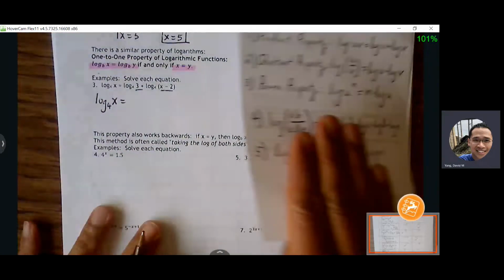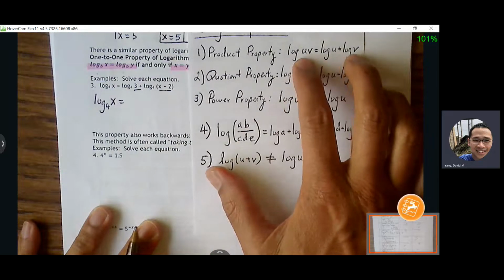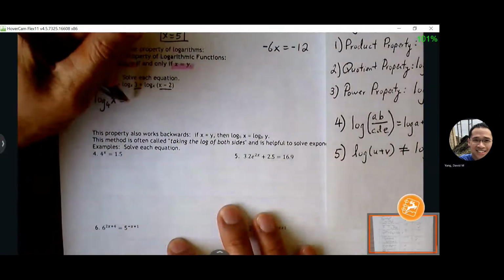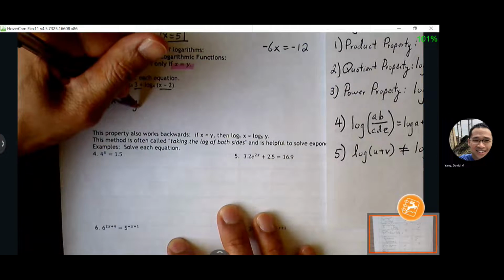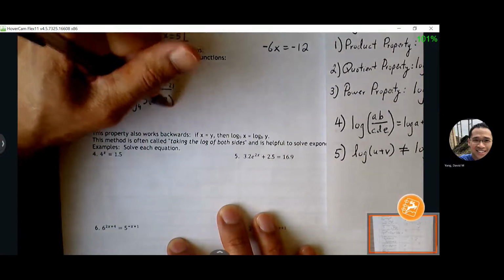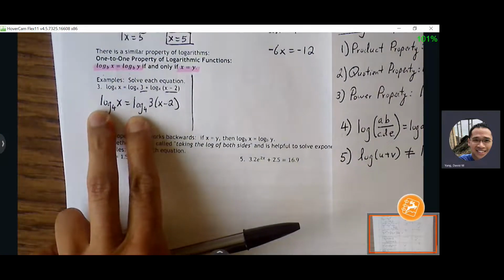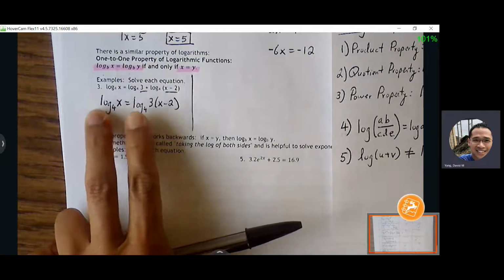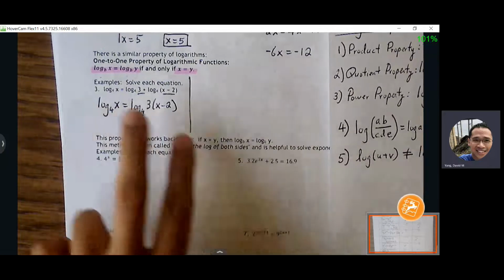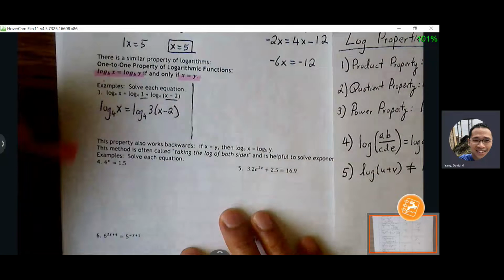So this is the product property: log of u plus log of v is equal to log of u times v. Now that I have a log to log one-to-one property, I can make those go away and just focus my attention on the expression that's remaining.